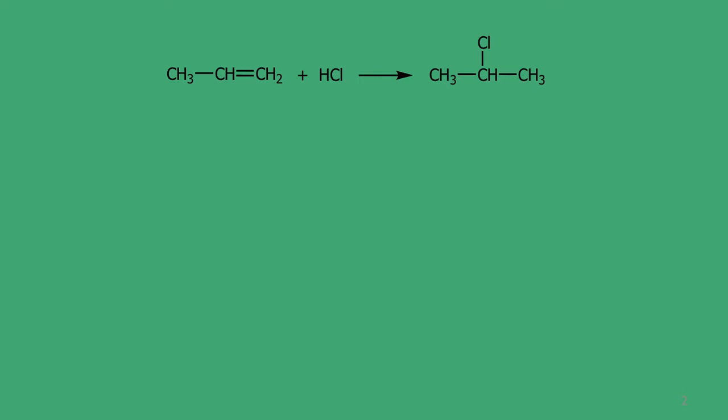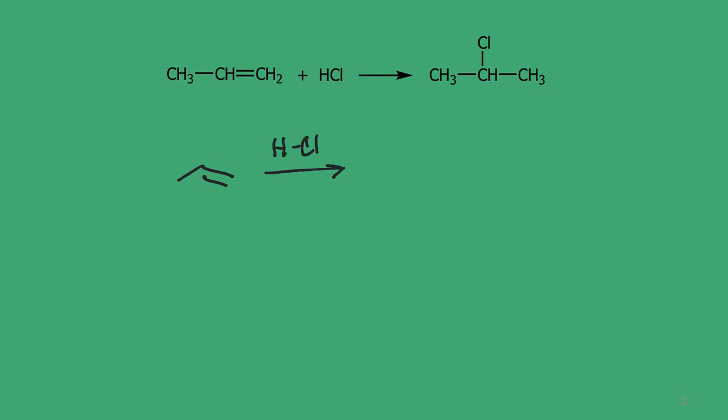We drew the mechanism for this reaction previously, and it's worth reviewing, and we're going to look at some additional details as we move forward. So mechanistically, we have an alkene reacting with, in this case, hydrogen chloride.